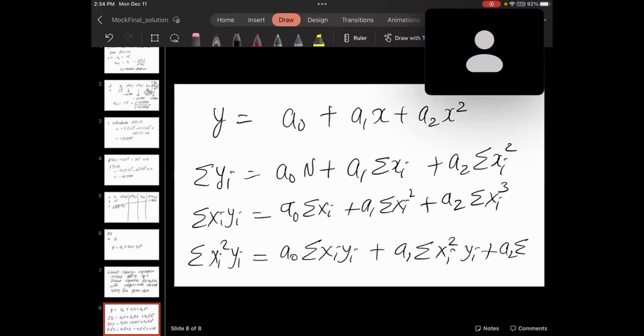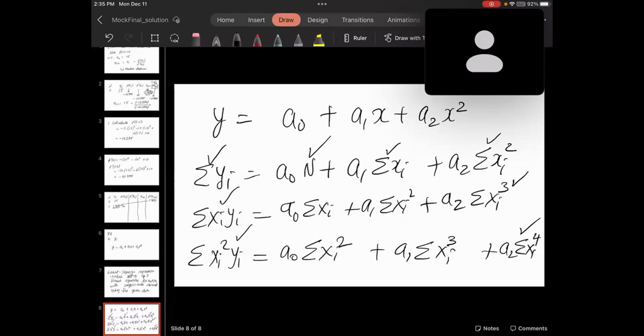All these summations have to come from the table.